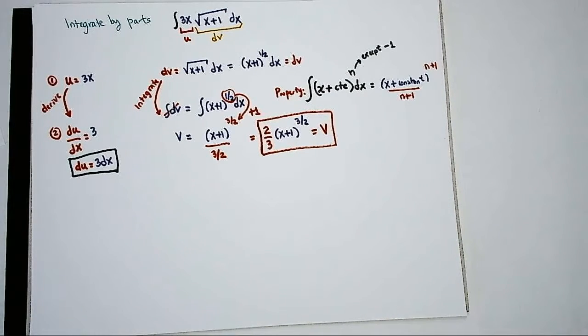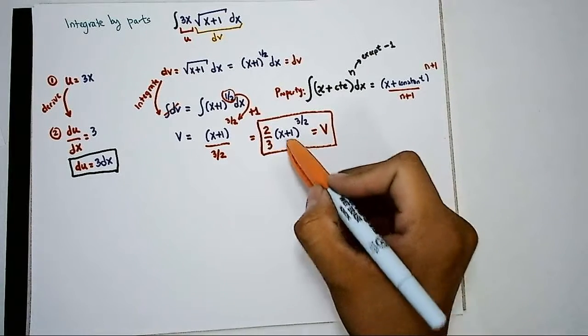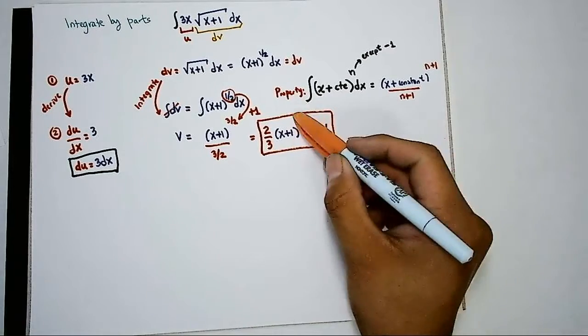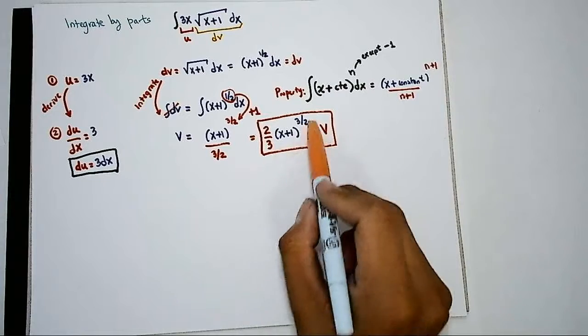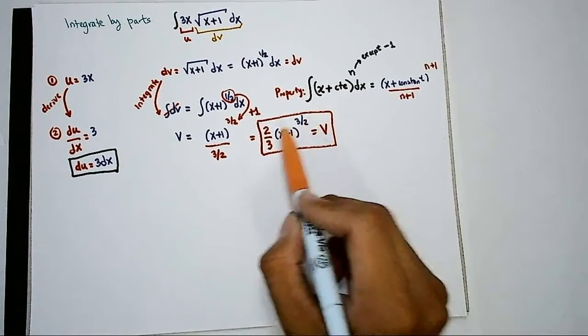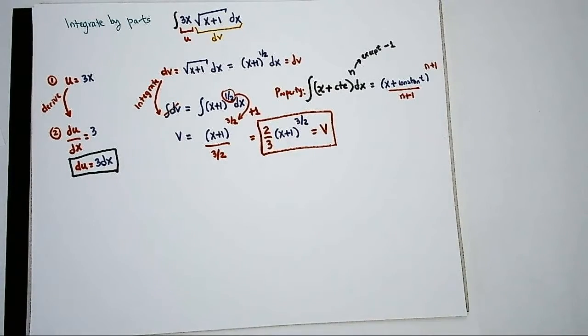Another way that you can infer the solution is because when the exponent is a fraction, like 3/2, the coefficient will be the inverse of 3/2, which is 2/3. Now, notice that we have already our four terms.